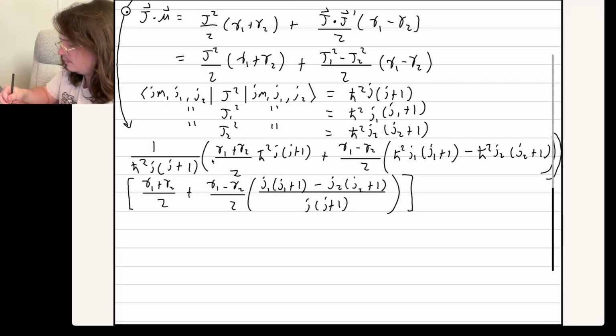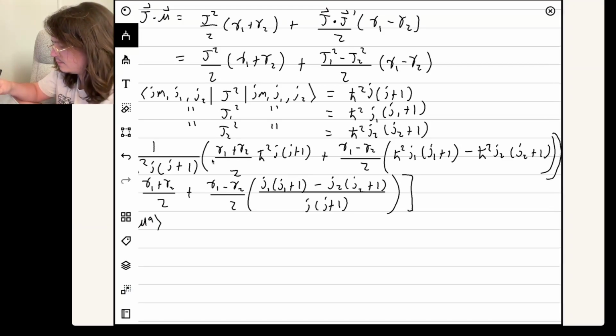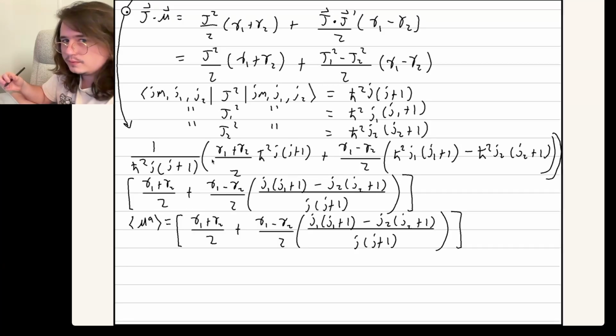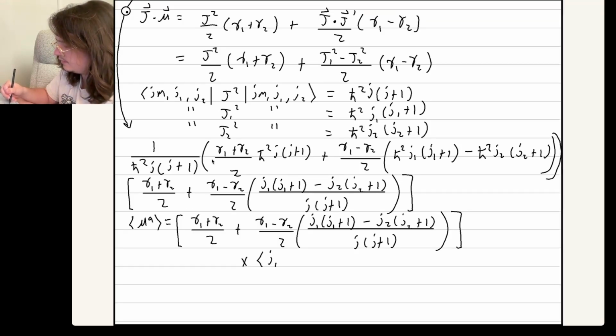So mu q, the q component of the expectation value, will be equal to this stuff, which I'm just going to copy down, times the J1, J2, J_q, J1, J2 stuff that we still have to worry about.